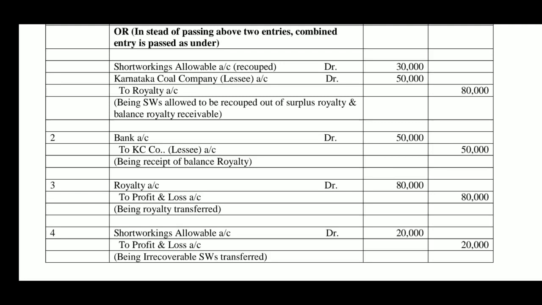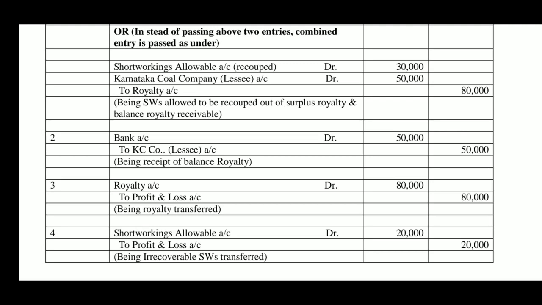Now, in the year 2018, the 5-year period is expired. That is, the lessee has been allowed by the lessor to recoup the short workings suffered in earlier years out of the surplus royalty of subsequent years up to 5 years, first 5 years only. That is the provision made in the royalty agreement.